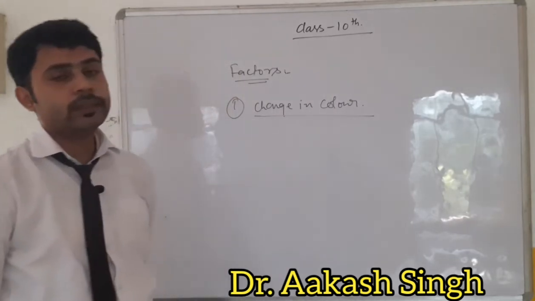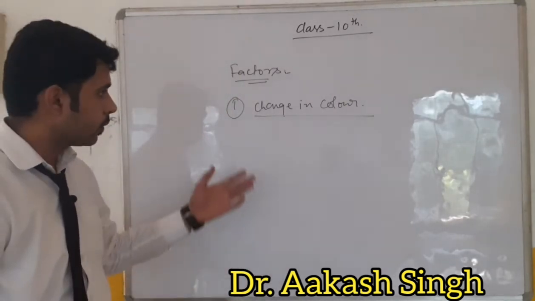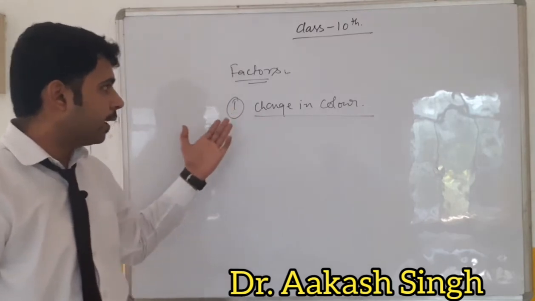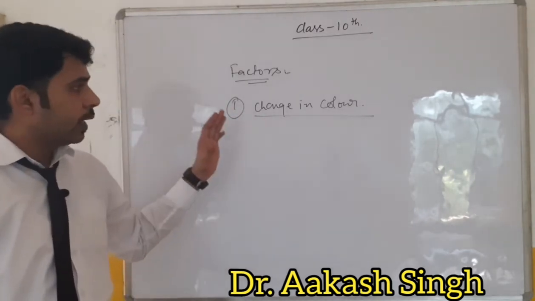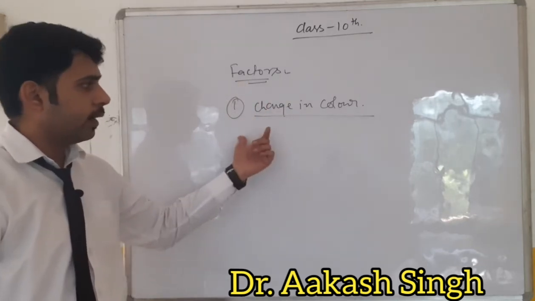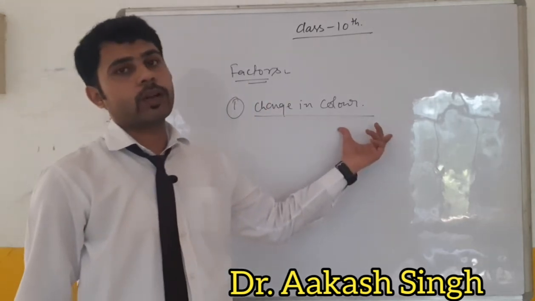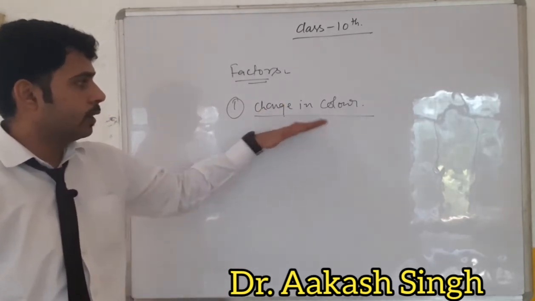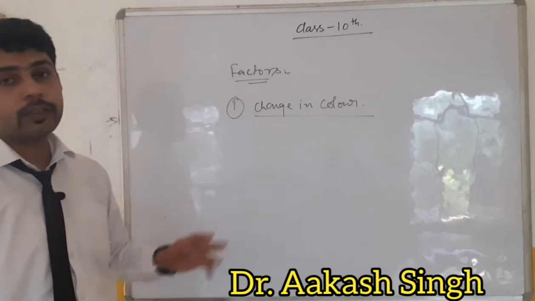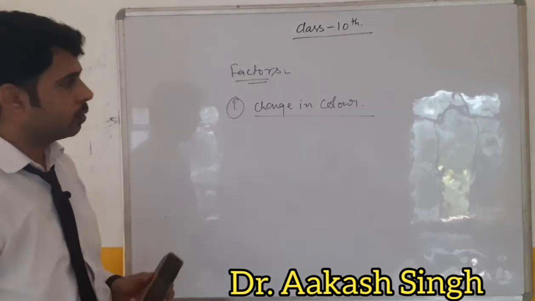If there is a chemical reaction, how can we identify that a chemical reaction is going on or not? We can observe the color of the reactant molecule as well as the product molecule. If there is any color difference between reactant and product, then there must be a chemical change between them.